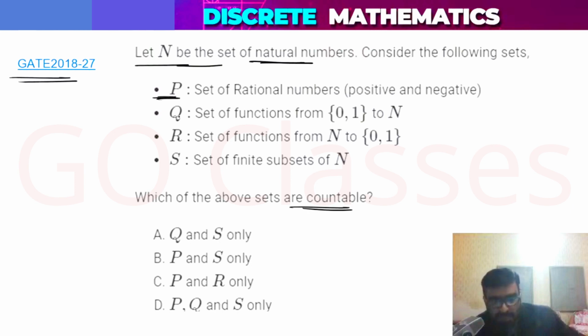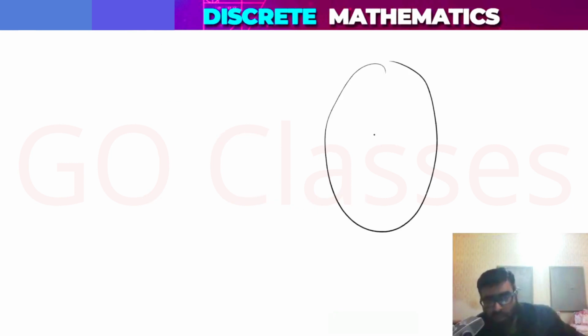Now let's see this first one, P. P is saying, how do we say, we got a finite set in the rational number example. In the rational number example, if you see that to any natural number, for example this natural number 3, what are the elements you have assigned to this 3?